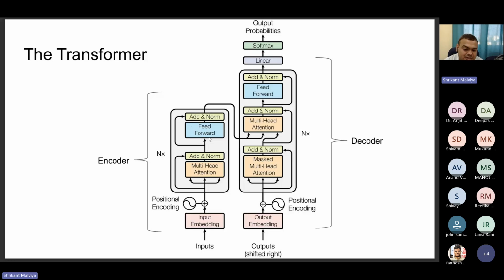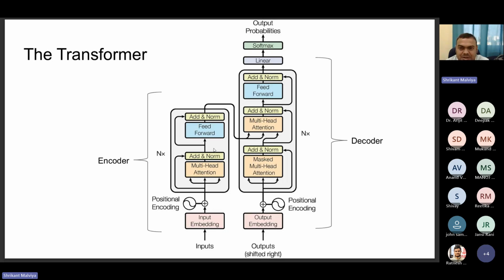It will process this output of multi-head attention to decide which information should flow further and which should not. So some non-linearity is applied here, and this gives the model the strength to learn any non-linear criteria.